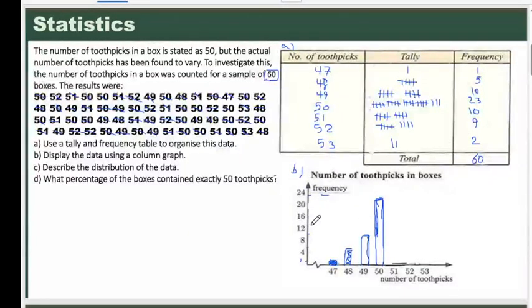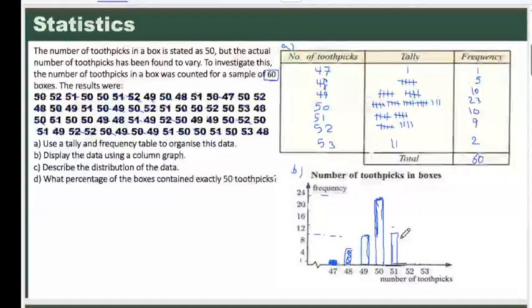Again, I get 10 here. Now for 52, it's 9.